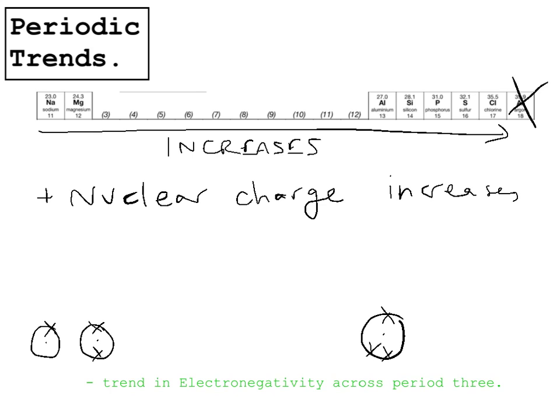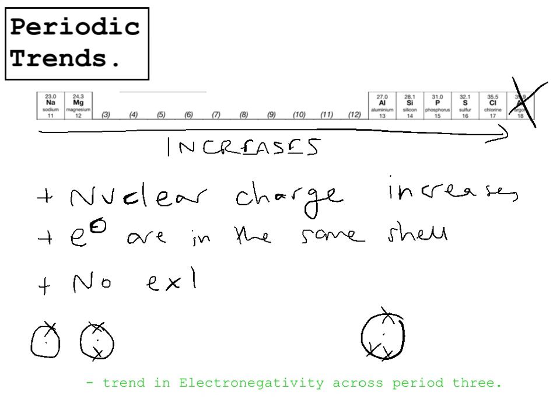So that means that the electrons aren't getting any further away from the nucleus, and also there is no extra shielding from electrons that may be further in. So the other two reasons are that electrons are in the same shell, which means that they are the same distance away as the other electrons, and there is no extra shielding.